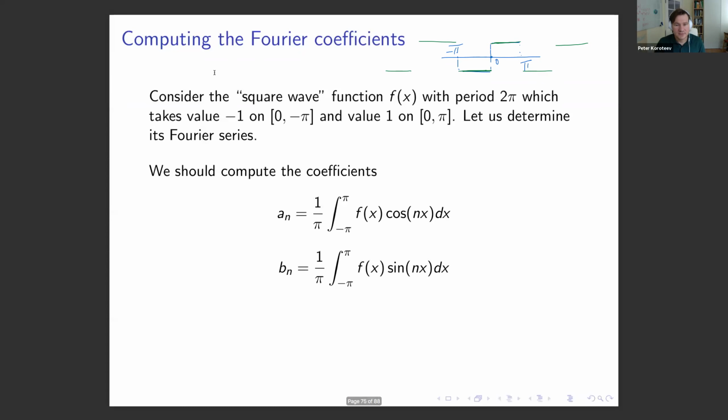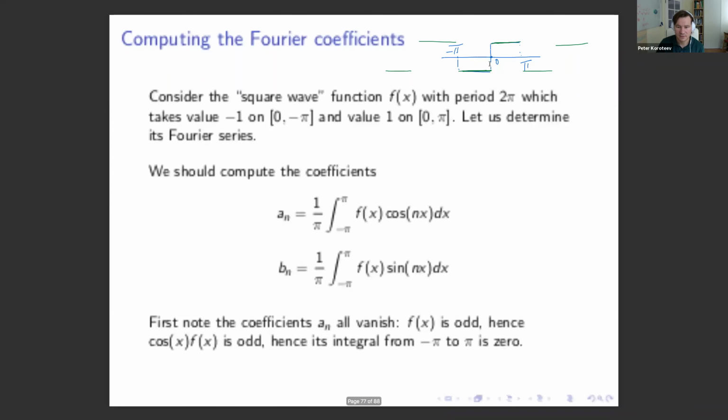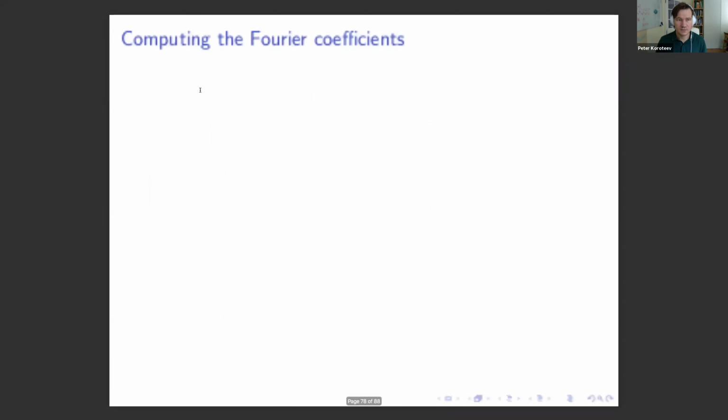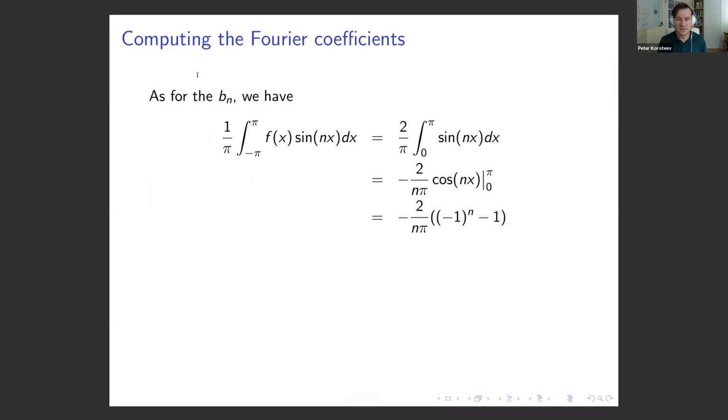So let's find its Fourier series. We compute its Fourier coefficients using the formulae. Now, note that the coefficients an vanish because of parity, right? It's an odd function, so every integral over the symmetric interval from -pi to pi would vanish. And the bn will give us the following answer.